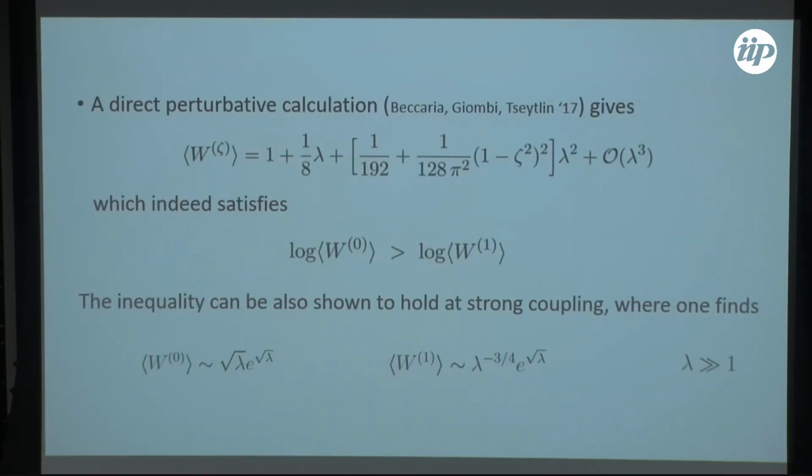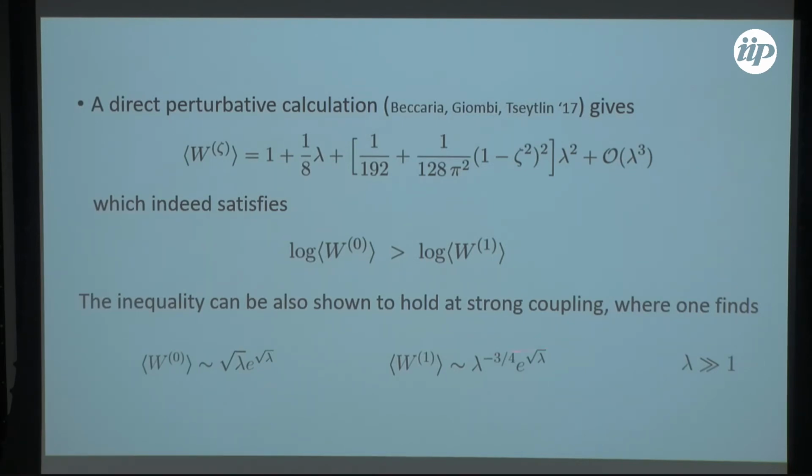Okay, you can also check this at strong coupling. I didn't discuss yet what the strong coupling description is, but I'm just giving you here what the result is. So for the supersymmetric Wilson loop, in the leading large lambda limit, you get this, where e to the root lambda comes from the exponential of the area of the minimal surface, and this factor comes from counting the number of zero modes.